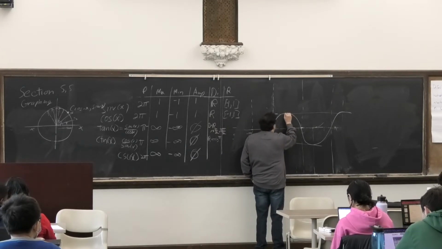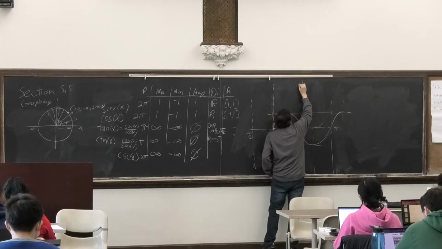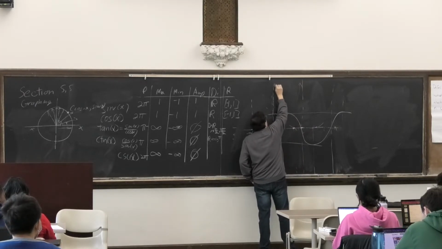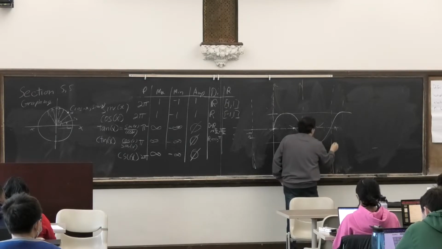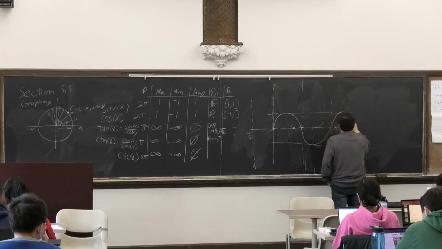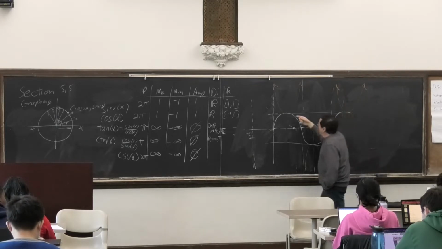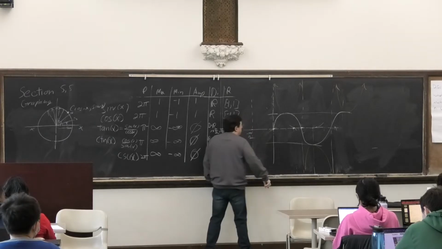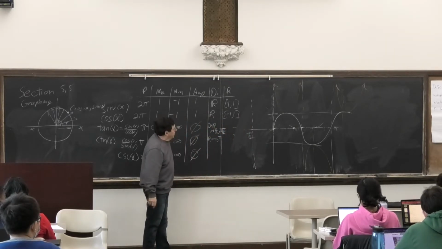So at 1, it's going to intersect, and then it's going to go off into infinity, negative infinity. And of course, it's going to be periodic. So that's the cosecant function. To find the secant, you just graph the cosine function. And you would get the same thing.